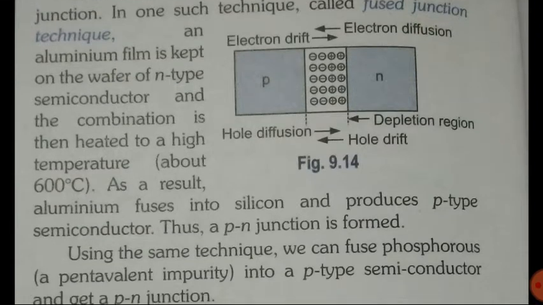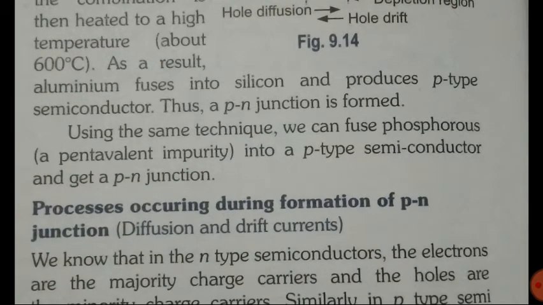As a result, aluminum fuses into silicon and produces p-type semiconductor, so a p-n junction is formed there. Using the same technique we can fuse phosphorus into a p-type semiconductor to get a p-n junction.